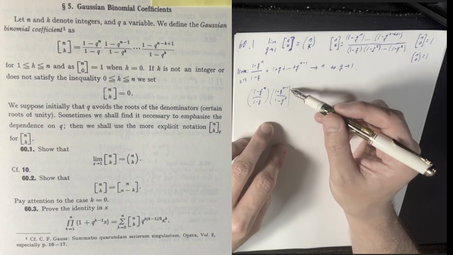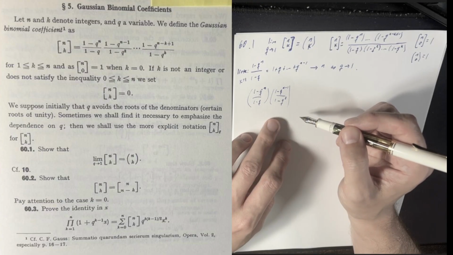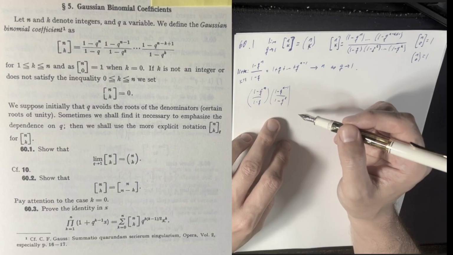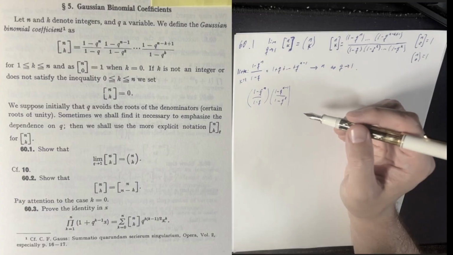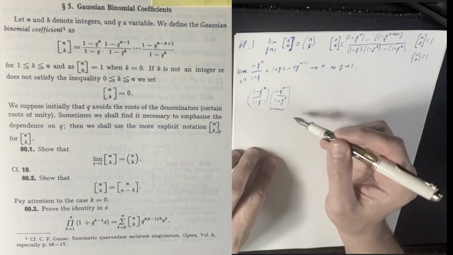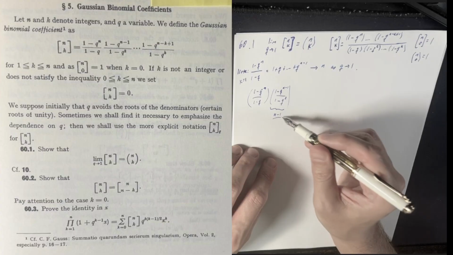So clearly this is supposed to go to n minus 1 over 2.